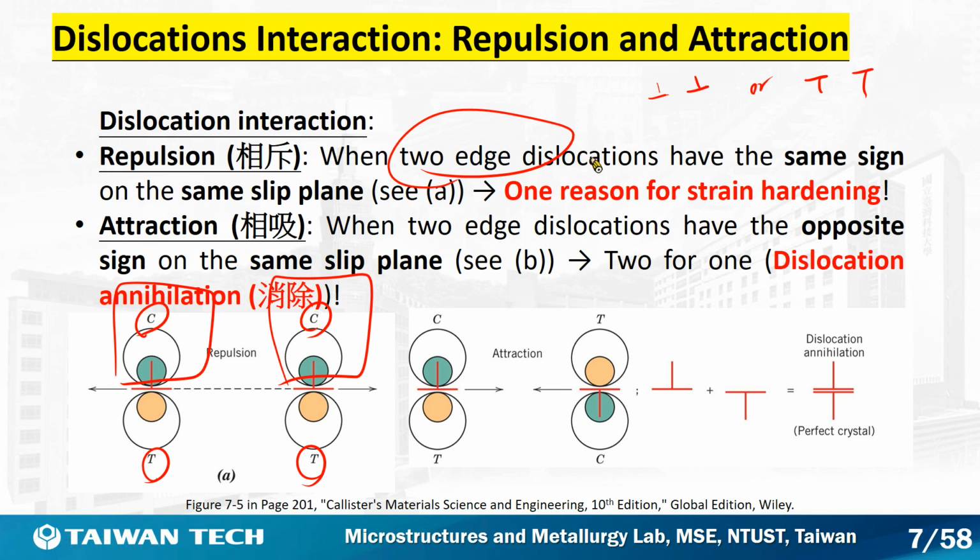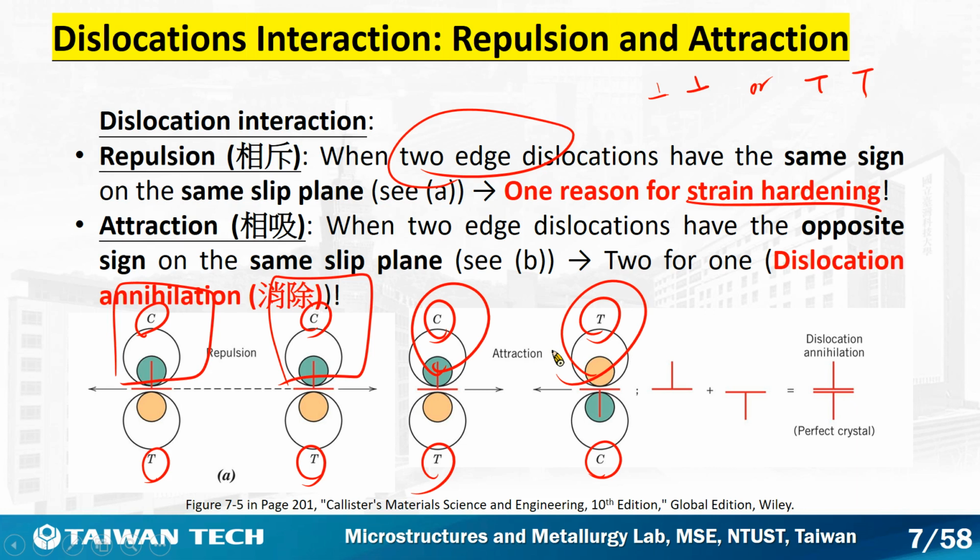And this is one very important reason for strain hardening. And then we can also have attractions. So if we have positive edge here, compression and tensions, and negative edge here, compression and tensions. So these two stress fields will attract each other.